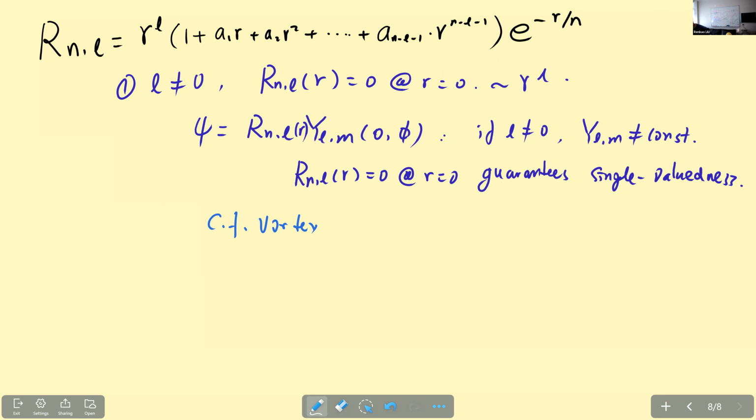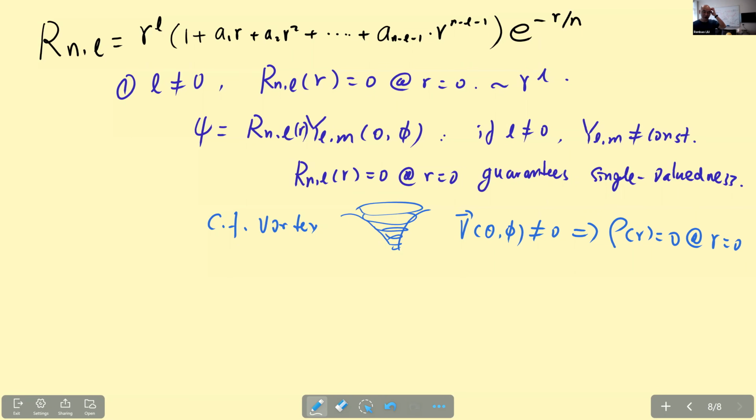Now you know that if you have, say, some vortex, that means the water, for example, is just a flow, and you have a velocity in the theta and phi direction, which is not 0, right around this vortex. So that means the density must be 0 at r equal to 0, right? Otherwise, you cannot have a well-defined velocity field for the vortex.